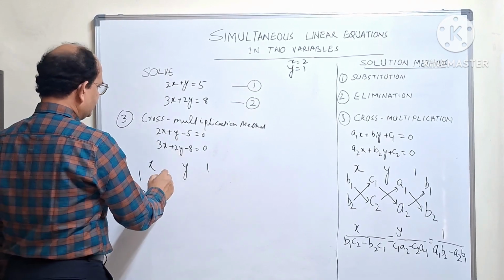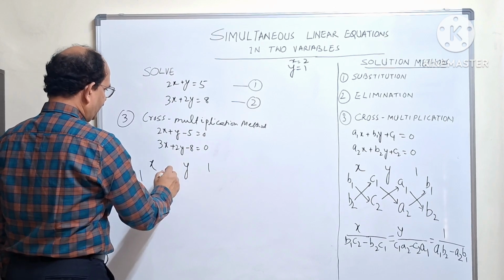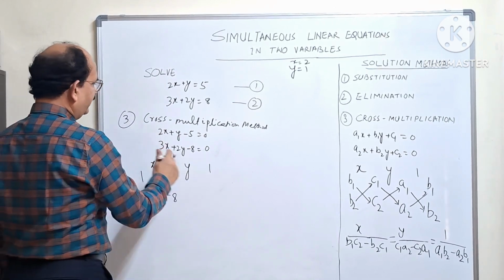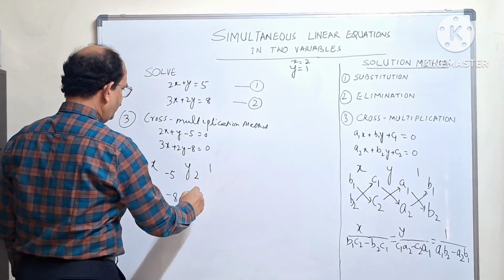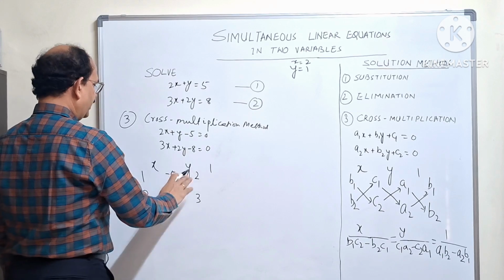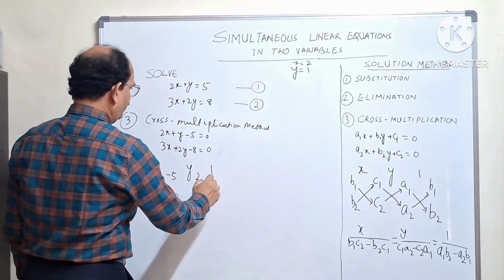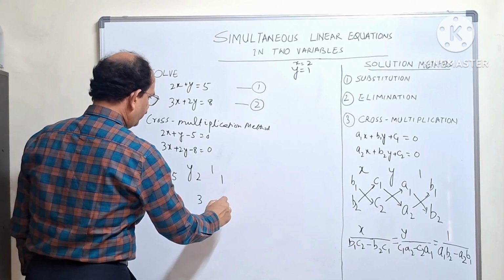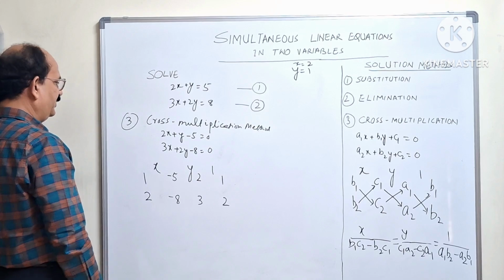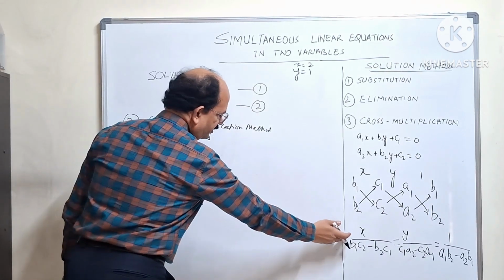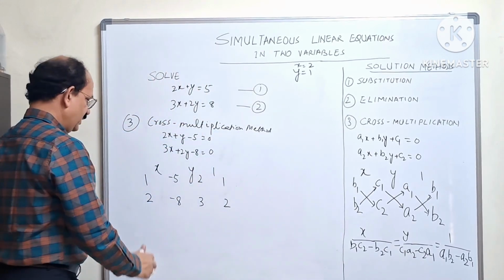And then after that the c1, c2 coefficients, that is minus 5 and minus 8. And then I have to use a1, a2, which is 2 and 3. And then again I'll repeat b1, b2, that is 1 and 2. Okay. Now once I have done that, I'll write it in this form.